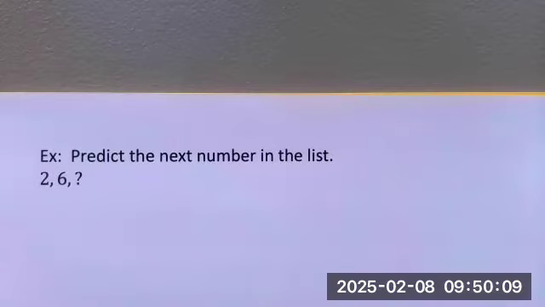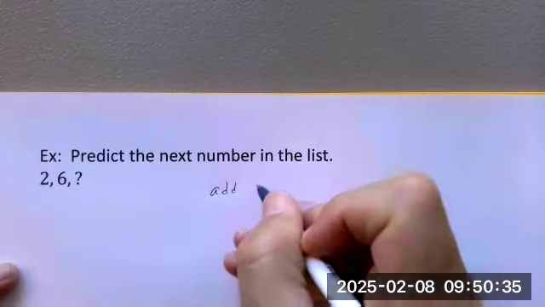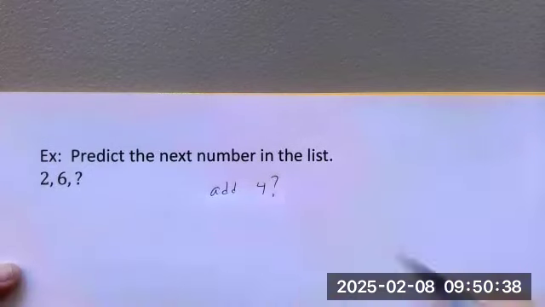I think some people would probably say, well, what kind of a pattern is happening here? We don't know what the pattern is for sure. In fact, we might not even have a great idea because we don't have much to go on, right? There's only 2 examples or 2 cases that we're looking at. Some people may say maybe 10 should come next, because maybe the pattern that's trying to be established is that we're adding 4 each time.